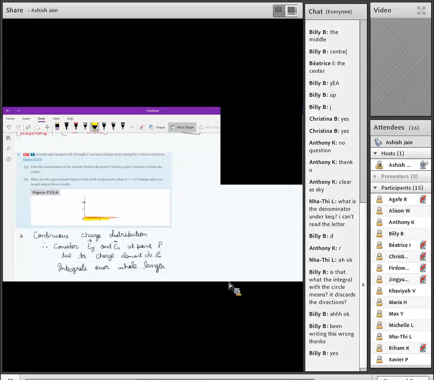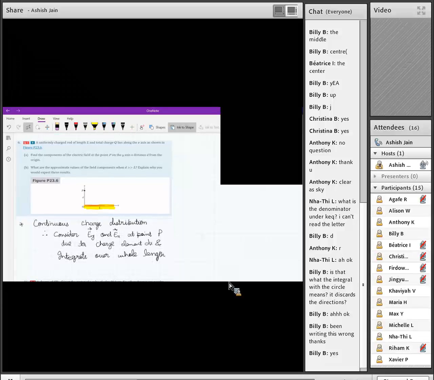That's how you identify where you have to apply integrals. In the first part, we have to find the electric field component at point P, which means it has two components, in the y cap direction and the x cap direction.